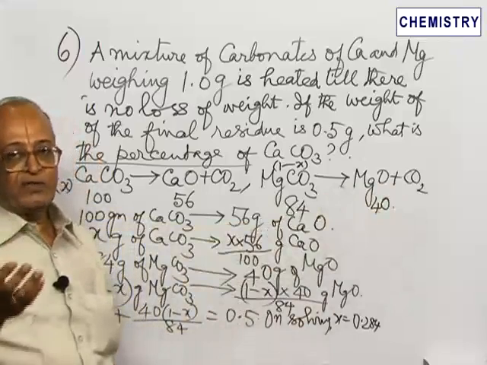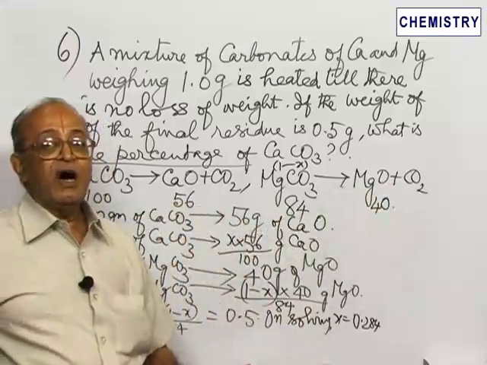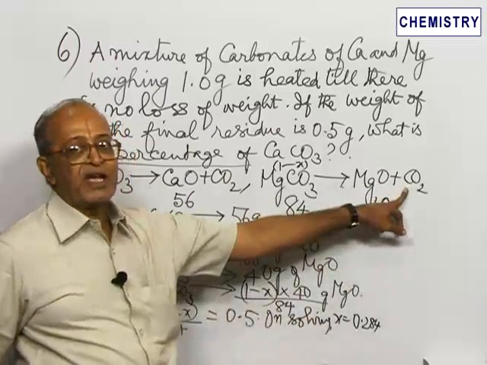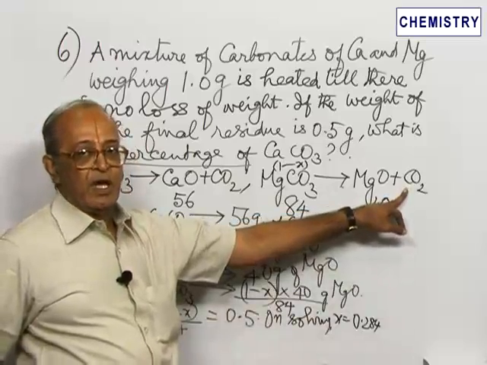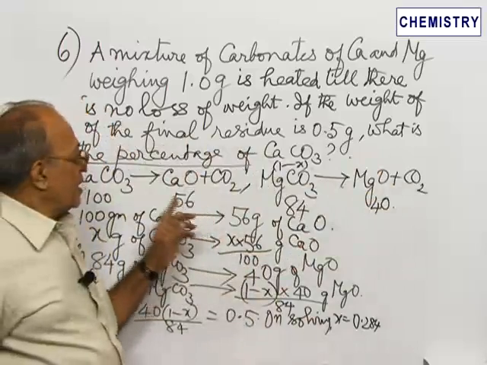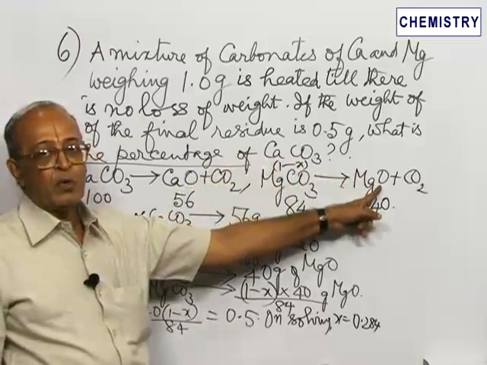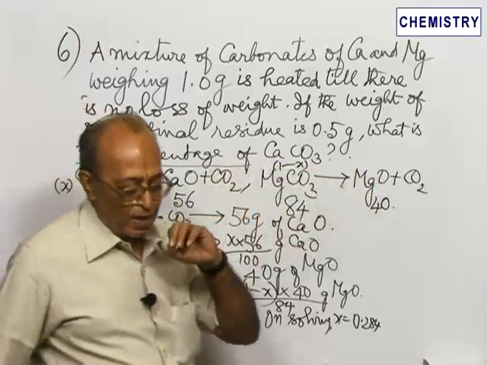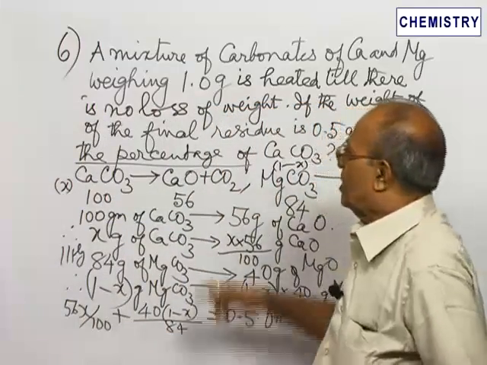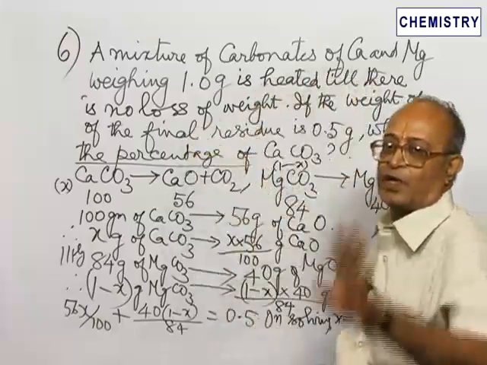And you are aware of the fact, the residue will be the oxides of these two metals because the other product is a gas, it escapes. So, the residue after heating contains a mixture of calcium oxide and MgO. Now, usually whenever you take the weights of materials, this point is usually mentioned, heated till there is no loss of weight.